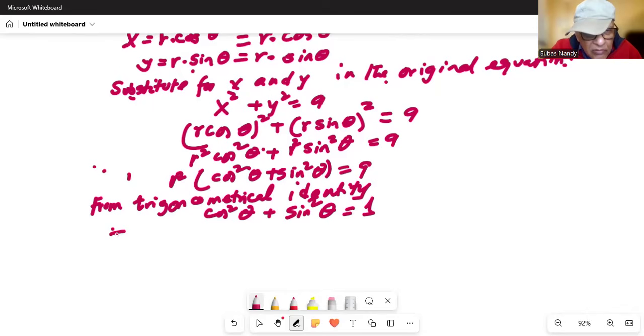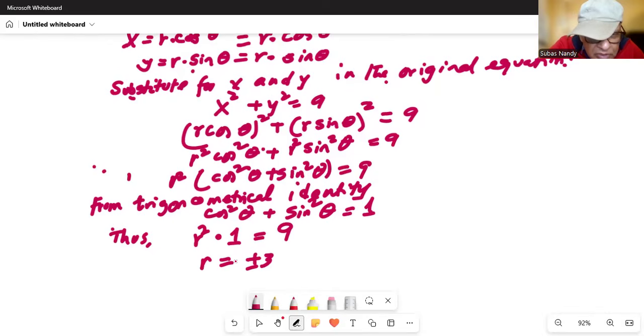Thus, r square times 1 is equal to 9. Or r is equal to plus or minus 3.